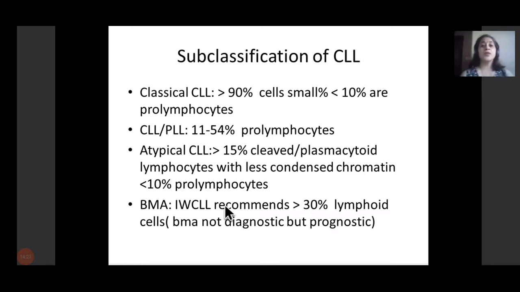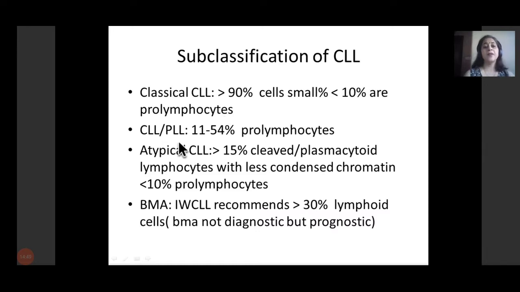Now, based on these features, we morphologically subclassify the CLL cases into classical CLL, CLL/PLL, and atypical CLL. So what do we mean by classical CLL? Here, more than 90% of the cells are small cells and less than 10% are prolymphocytes. This is called classical CLL.